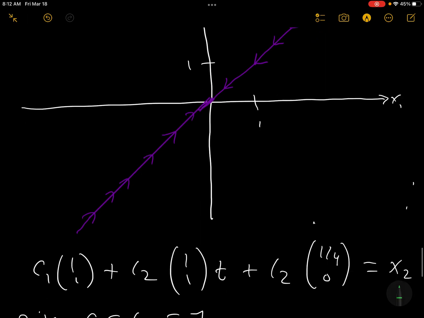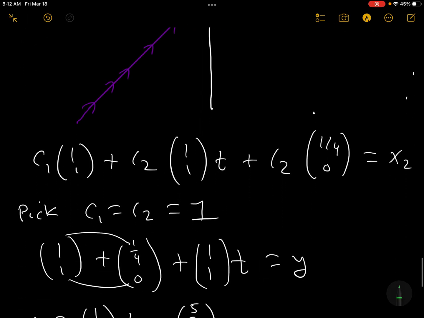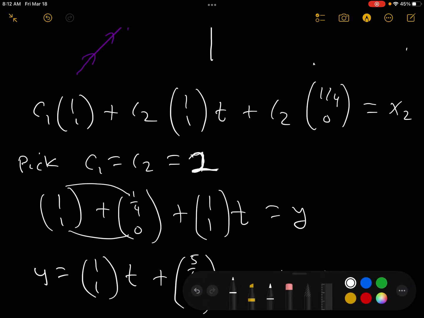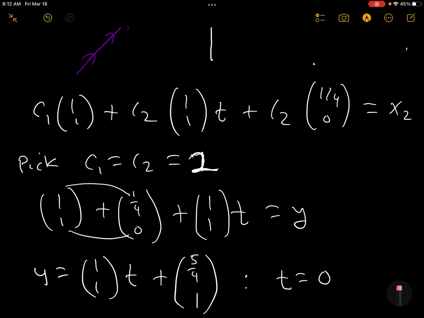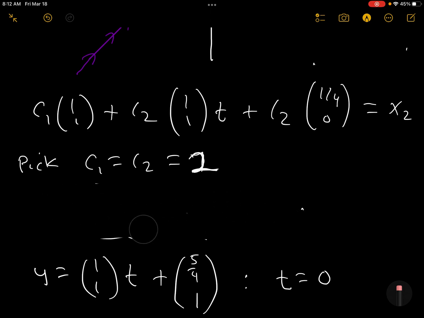It's too close to our origin, so let's pick some different C's. I should have done this before, sorry. Let C1 equal C2 equal 2.